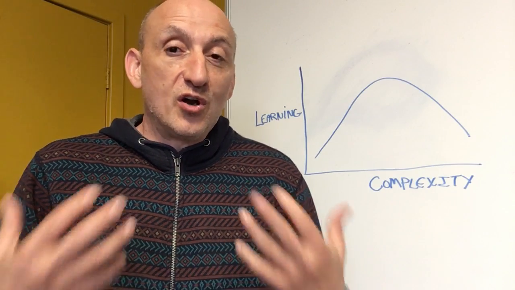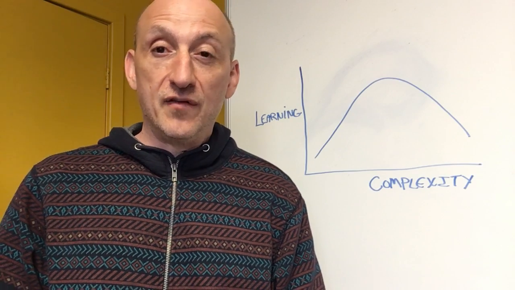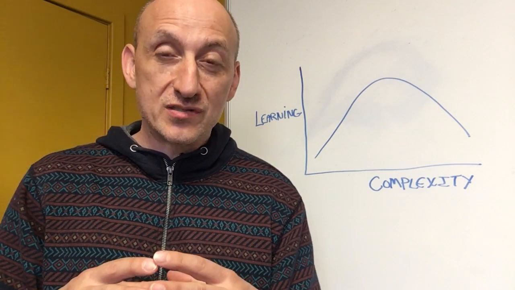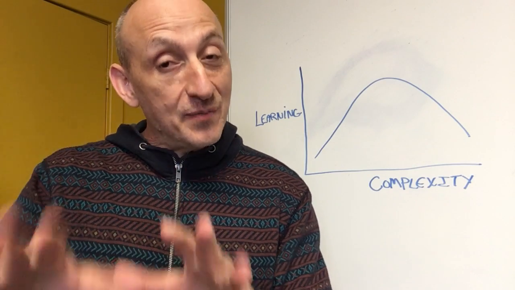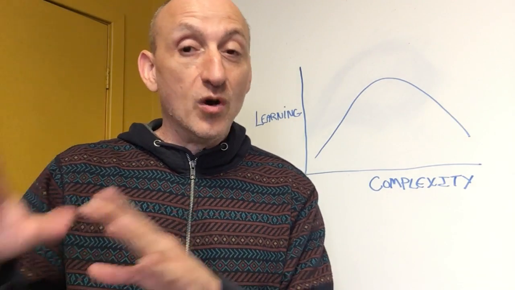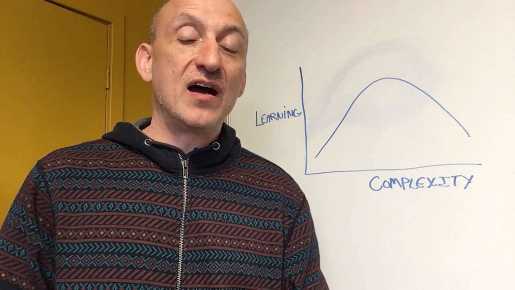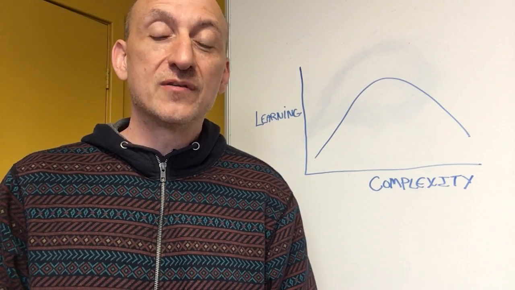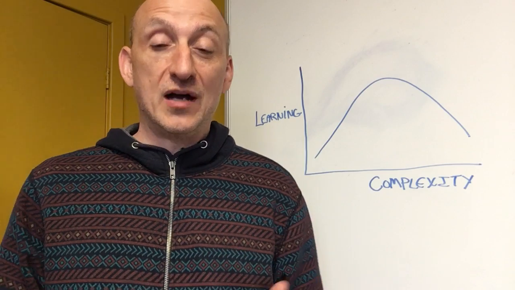In order to learn from a simulation, you have to be able to make decisions and see the consequences of those decisions. If too many variables impact decisions, it becomes harder to see the cause and effect. Now, in some cases you do want the cause and effect to be nuanced, and some experiences provide for that. But for a basic business simulation, for example for a high school or college student, you don't want that level of complexity because it's too much.